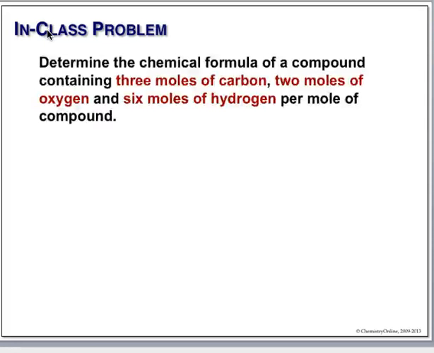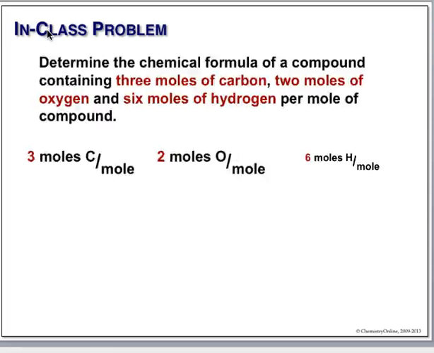If we had 3 moles of carbon, 2 moles of oxygen, 6 moles of hydrogen, well, exactly the same. Our formula would be 3 carbons, 6 hydrogens, and 2 oxygens.